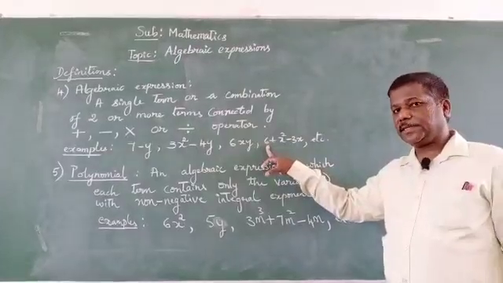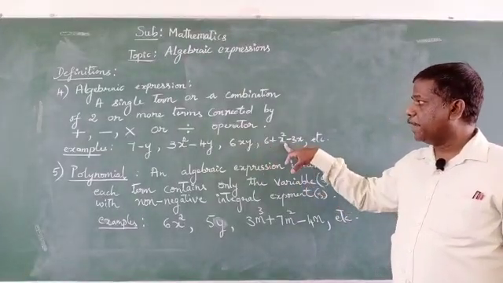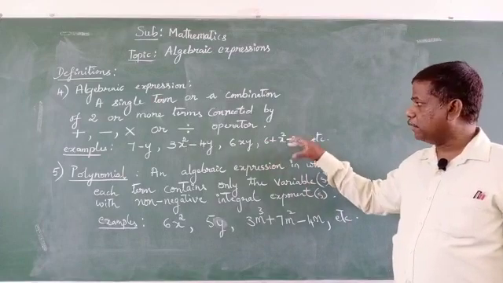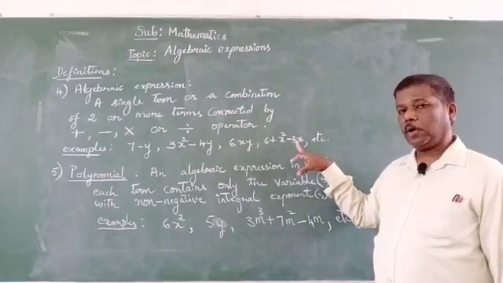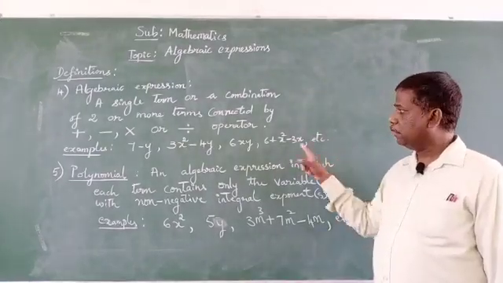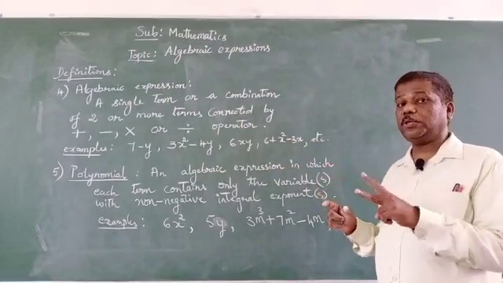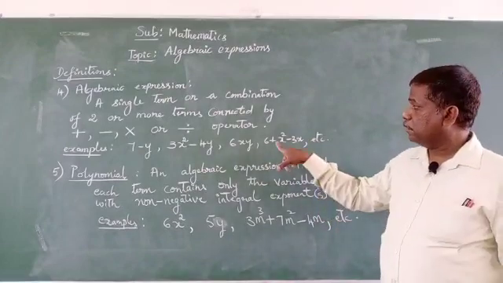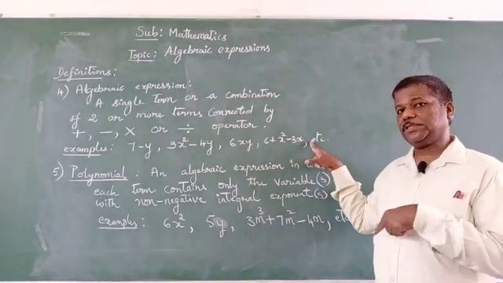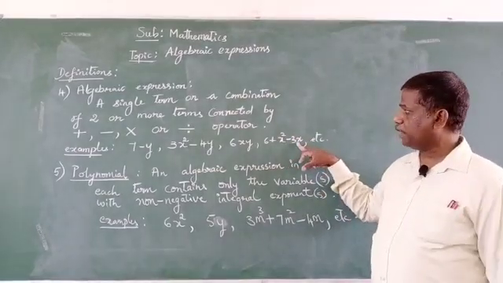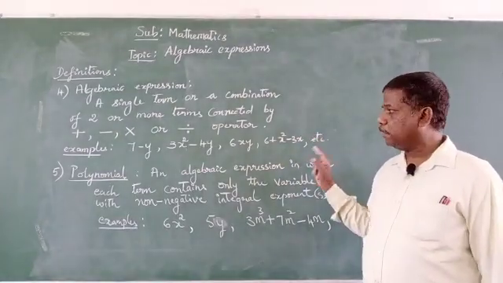Here in the next example you can see 6 is a constant, x square is a variable, 3x is a combination of a constant and variable. There are three terms here combined as one, and there are two different operators, plus and minus, and there is another operator which is unseen, multiply, that is 3 into x, 3x.